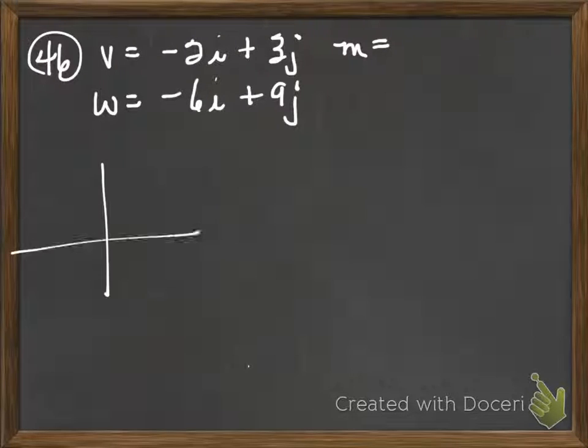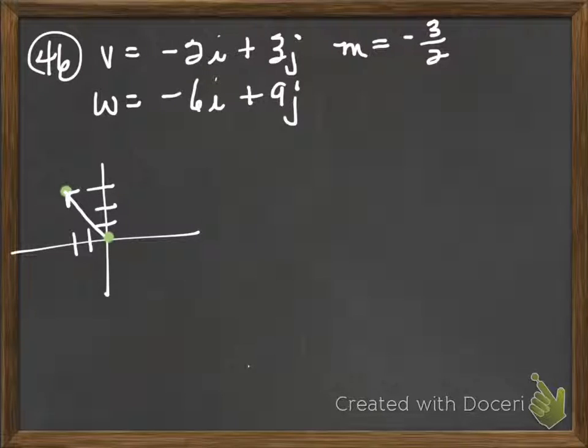If you needed a visual here, what would be the slope of this vector? Rise over run. What's the slope of that vector? Negative 3/2? Okay.